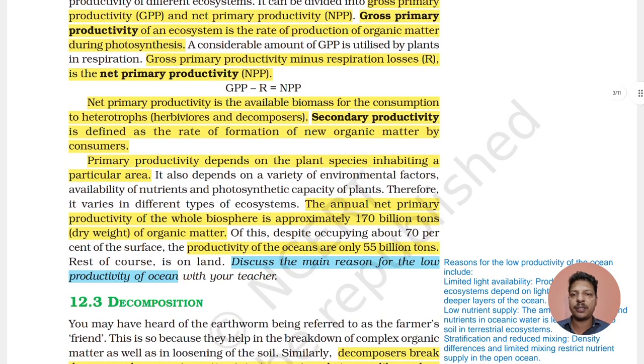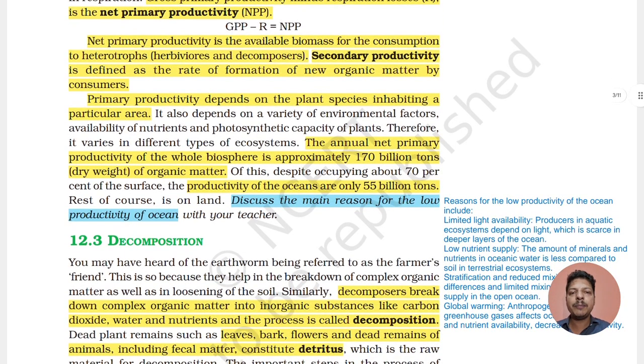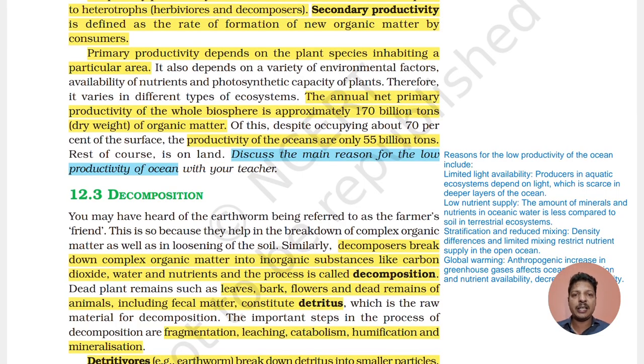Then coming to secondary productivity. Secondary productivity is the rate of formation of new organic matter by the consumer. The annual net productivity points are also the same. Here a question is asked in your NCERT: discuss the main reason for the low productivity of the ocean.